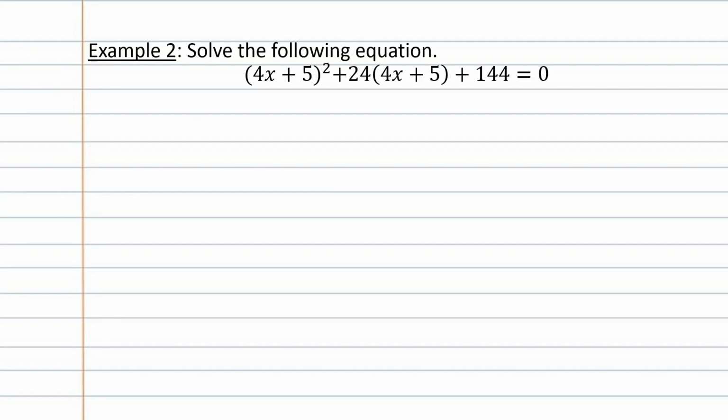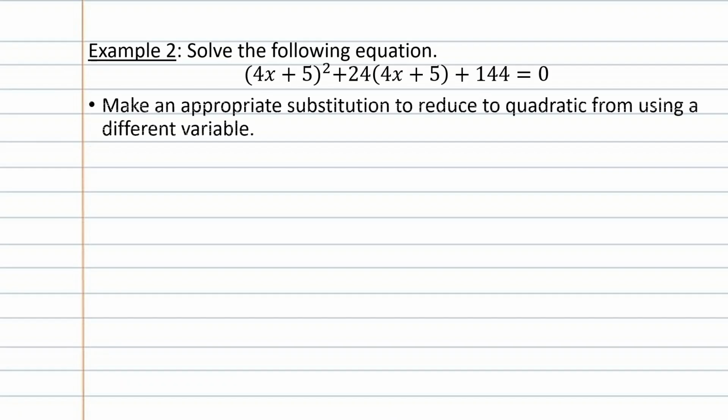Let's try this one. All right, here we have 4x plus 5 squared plus 24 times 4x plus 5 plus 144 equals 0. Now, what we want to do first, this has the form of a quadratic. We just need to do the substitution, right?